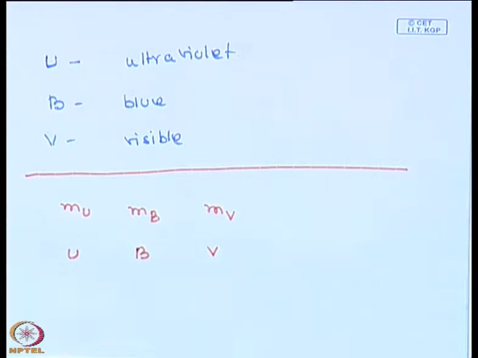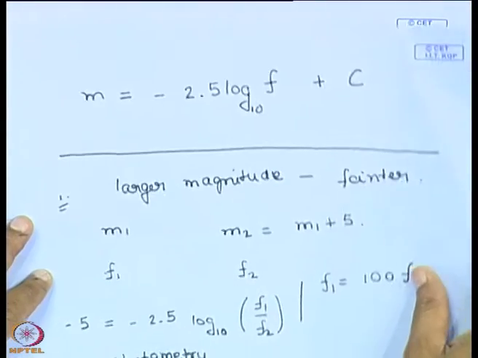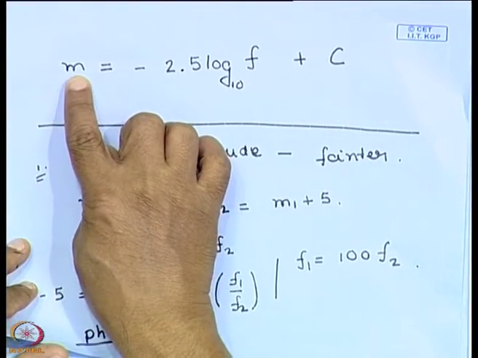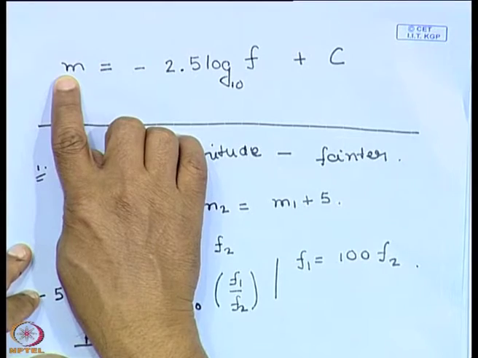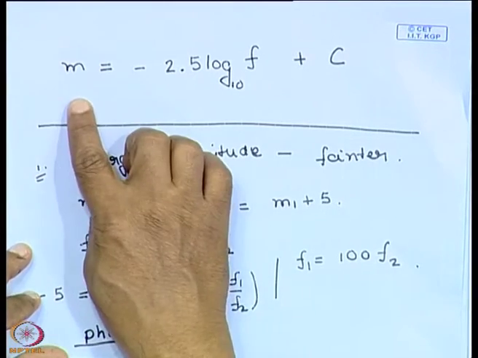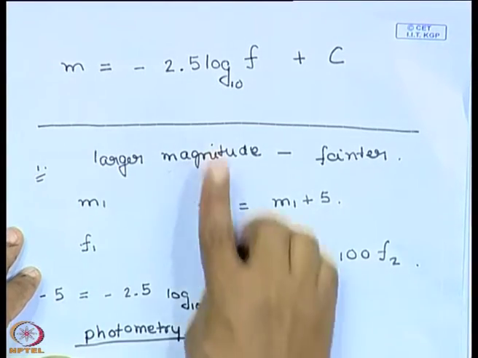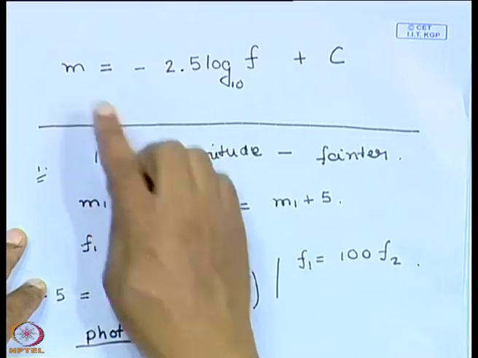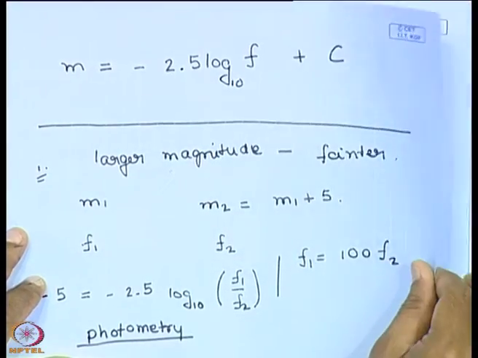So, astronomical observations are quantified in this way. Now, the measured magnitude, it is quite obvious that this depends on the distance, because the flux we know depends on the distance, it falls as 1 by the distance squared. So, the measured magnitude also depends on the distance.